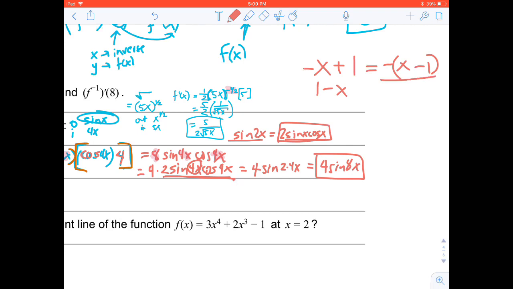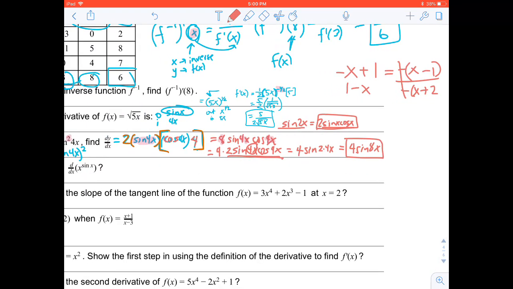And maybe if you had a negative in the denominator already, you can see how things can get rearranged and they look a little different, but they're actually still equal. So keep that in mind, just little tips for you to think about when you're working with multiple choice questions. Always try and rearrange the values or the terms that you see there.